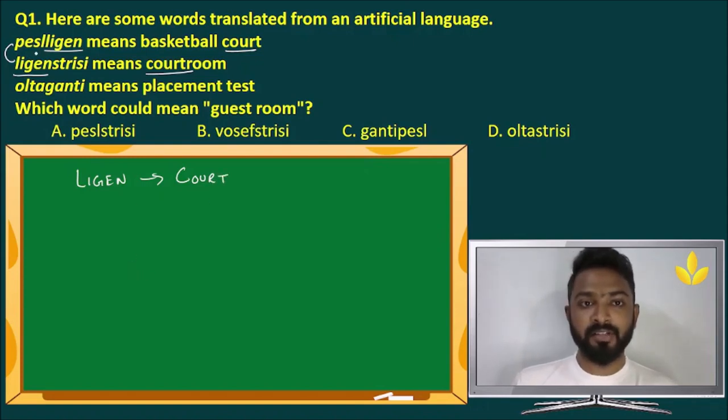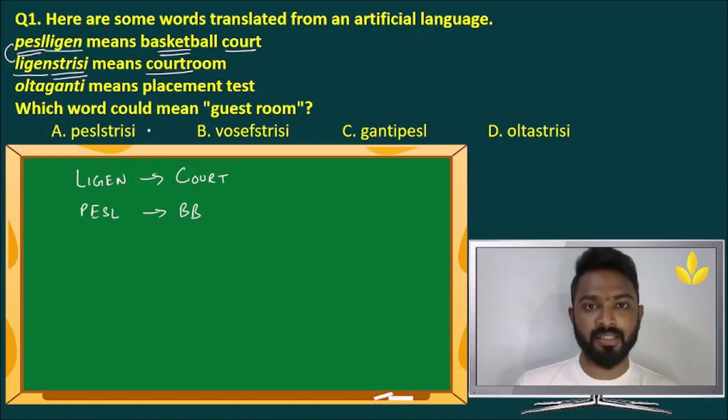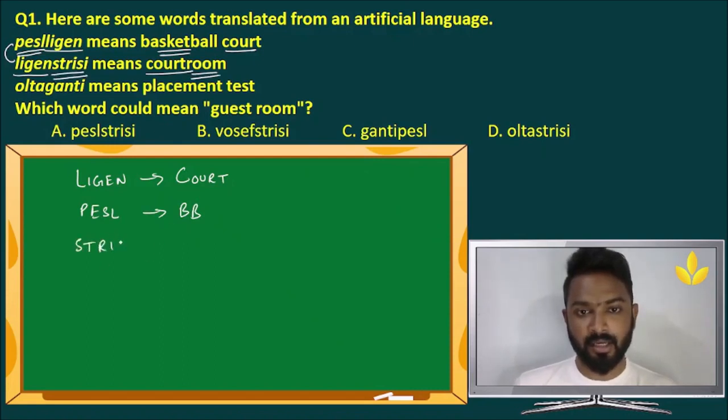Whatever is left out, that is the code for basketball over here. PESL is left out, basketball is left out. So PESL is the code for basketball. And here whatever is left out, STRISI is the code for room.